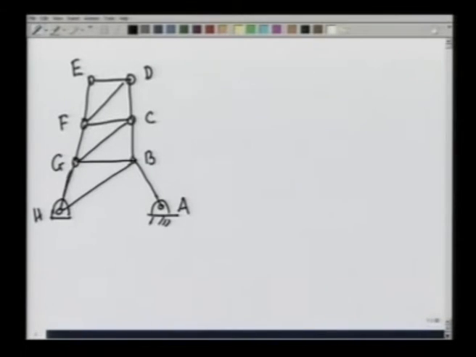Notice that these lines HG, GF and EF are slightly slanted, DC and BC are vertical.